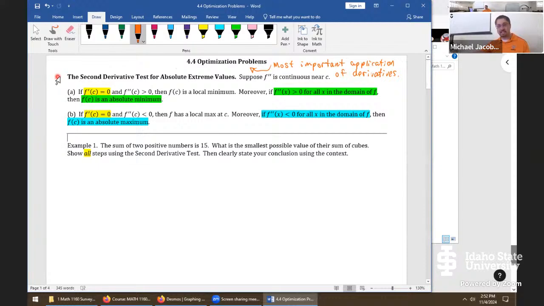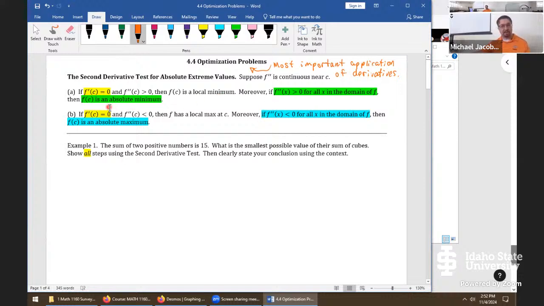Also, when you read the second derivative test, we just got done using it, but this one has a fine adjustment to it. The old second derivative test that we just used was for local minimums and local maximums, but this one is for an absolute minimum and an absolute maximum. So here's the adjustment. We find the critical number, that's the yellow part here, setting the derivative to 0. Then, if the second derivative is positive for all x in the domain, then we actually have an absolute minimum, a stronger conclusion.